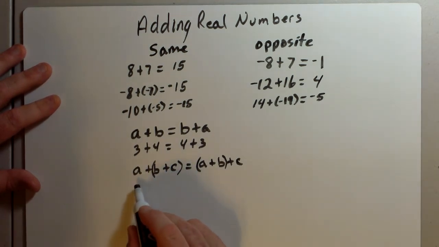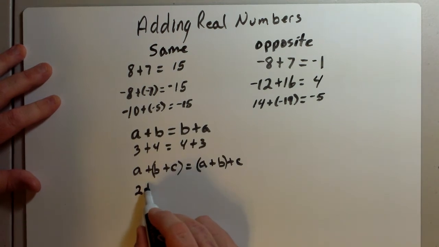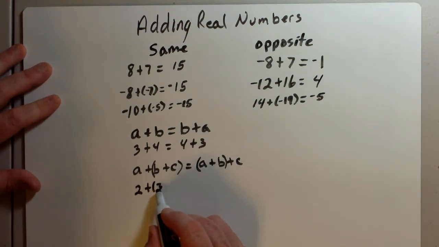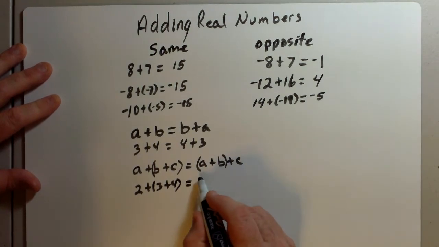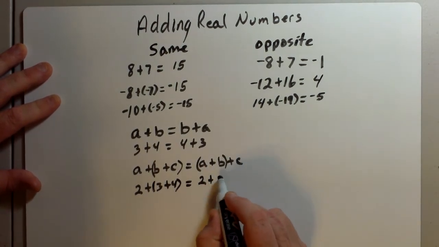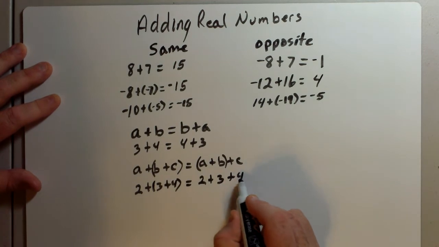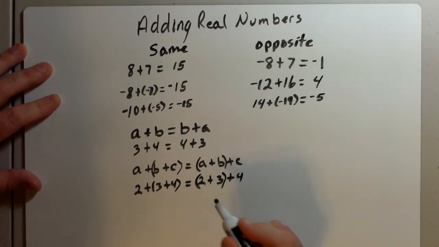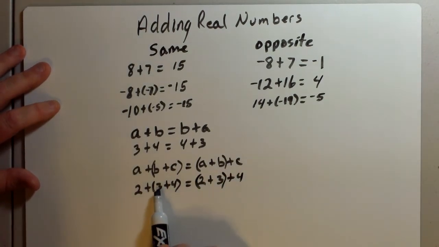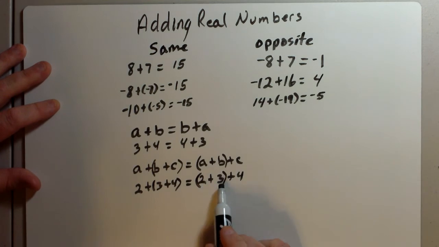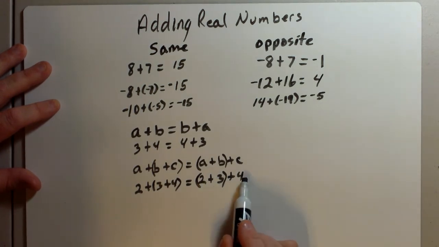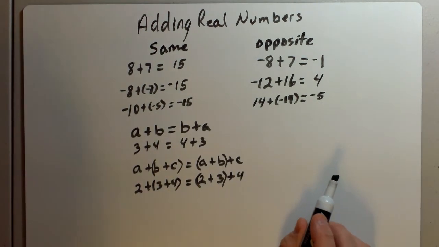We'll keep the numbers real simple, so we'll do 2 plus 3 plus 4, grouped both ways. Okay, we'll just double check the math on that. So 3 plus 4 would be done first. That would be 7. 7 plus 2 is 9, so this side equals 9. Over here we'll do the 2 plus 3 first. We'll get 5 plus 4 equals 9. 9 equals 9. So that is also true.